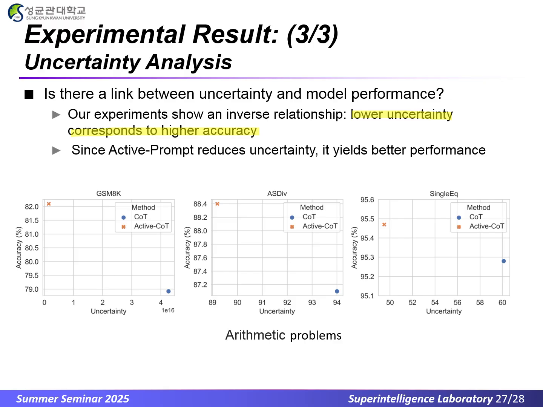In every case, the active COT points cluster up in the upper left, low uncertainty and high accuracy. This confirms that by selecting and using the model's most uncertain questions as exemplars, active prompting effectively reduces uncertainty and in turn raises overall accuracy.